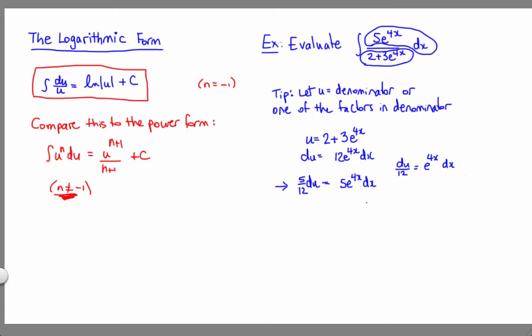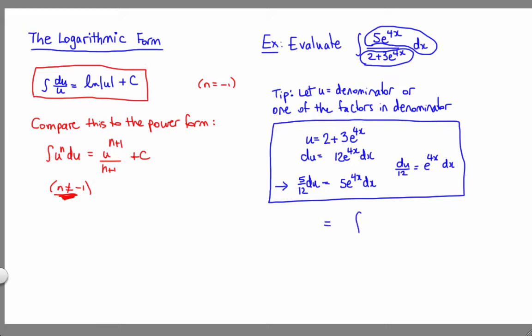So now we're good to rewrite our integral. So let's put all this stuff here in a box just to keep it separate, and we'll continue our calculation. We'll say the original integral here is equal to the following. The numerator is equal to 5/12 du, and in the denominator we've got u.